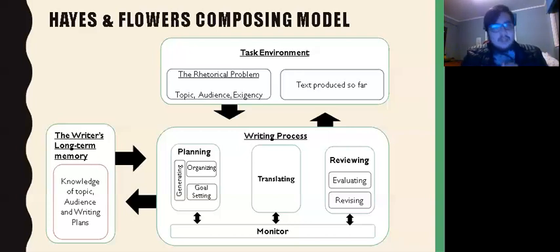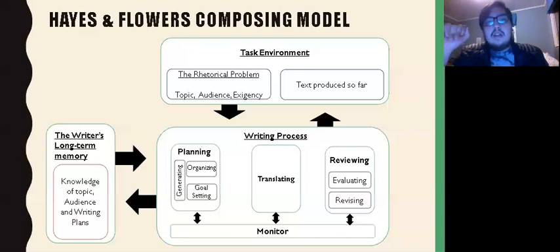So we can actually see when one would start planning, either by taking notes or giving ideas out loud. We can monitor when someone is actually writing and translating these ideas into words. And we can monitor when someone would try to edit or will start erasing and editing things on their text.